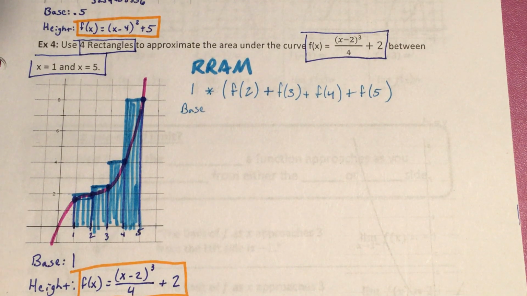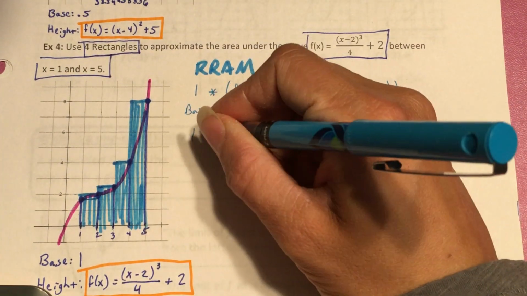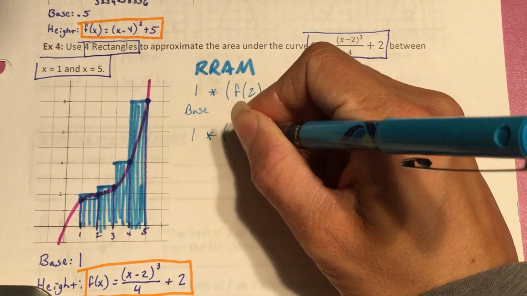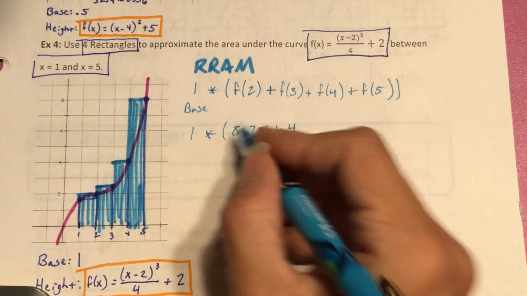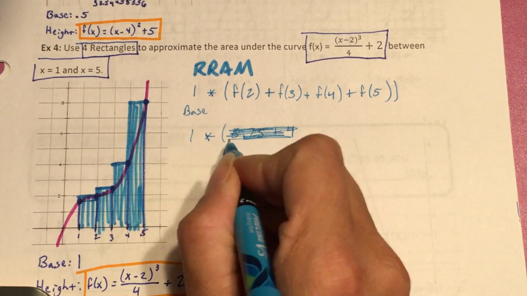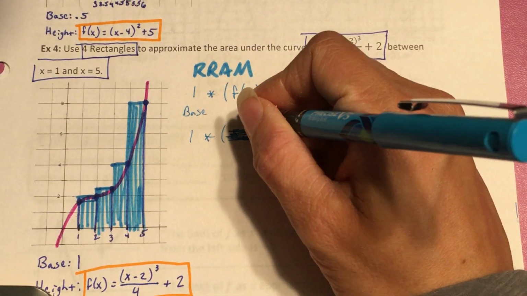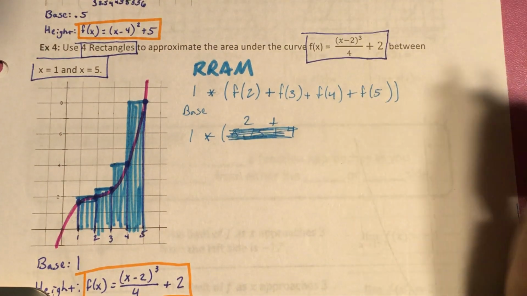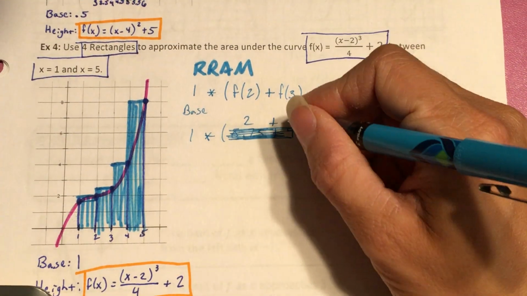So using either your trace button or your table, see if you can find each of those rectangle heights. This would be 1 times 8.75 plus 4. Oops, sorry, I have those mixed up. Ignore that. F of 2 is 2. F of 3 is 2.25.